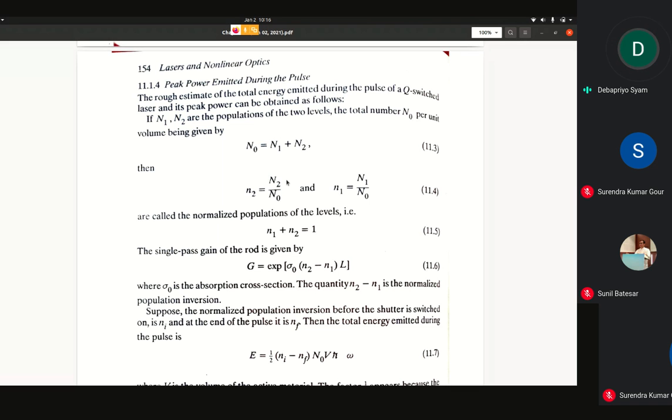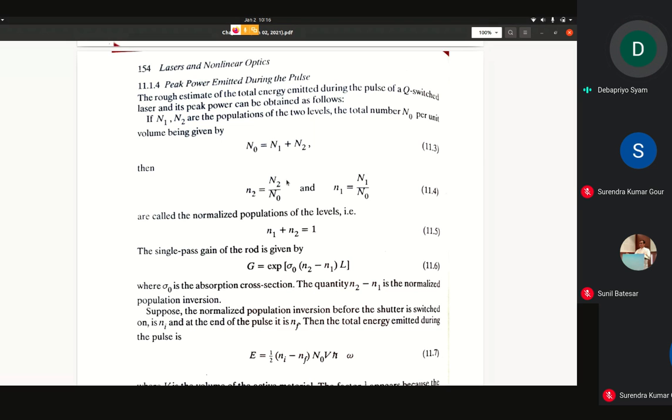Okay. Now, suppose, as they say, that the initial population inversion, because this difference n2 minus n1 is referred to as the normalized population inversion, before this one is Ni, and after the end of the pulse it is Nf. Now this is again a wrongly written statement.